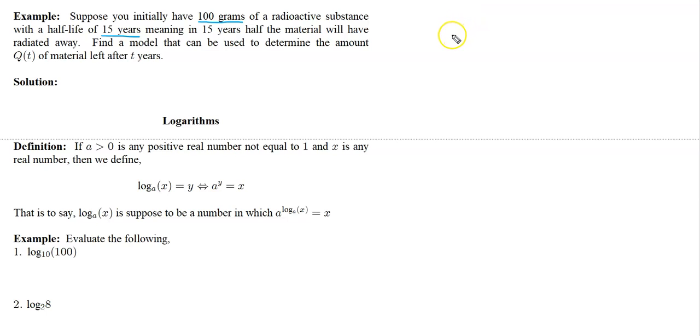So let's create a little table over here to try to model this problem. t is going to be years, and the half-life is 15, so let's go in increments of 15 here. So 0, 15, and so on.